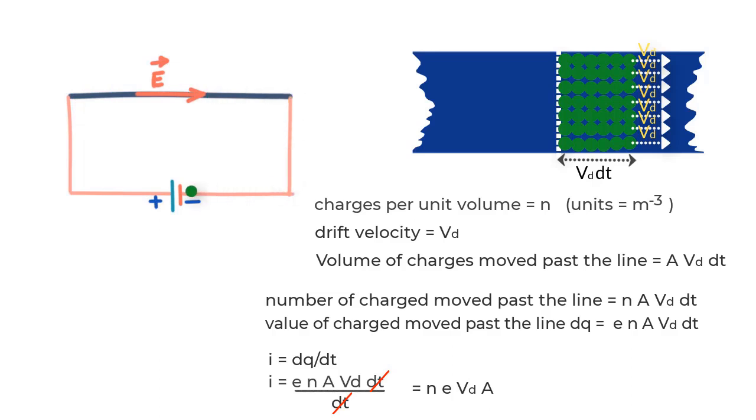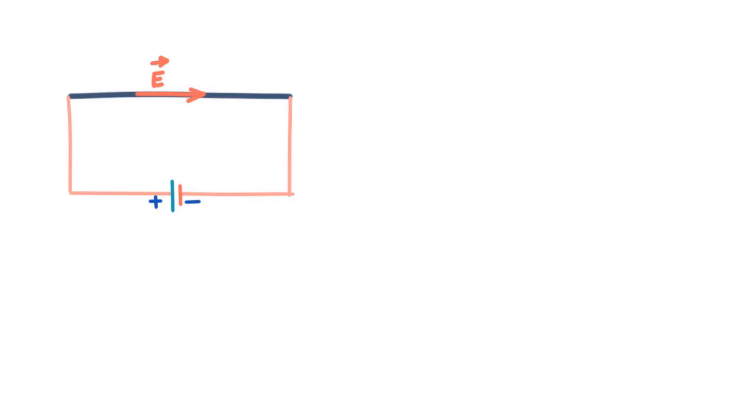Now let us say we wanted to study the flow of current across a cross-sectional area at a particular point. To do so, we'll introduce the concept of current density at that point.